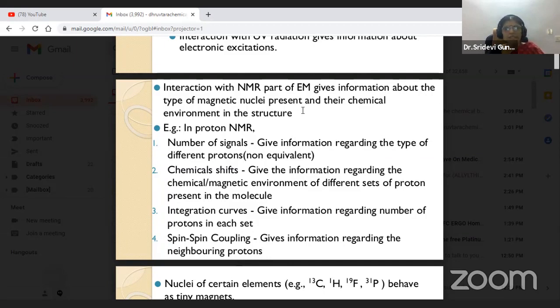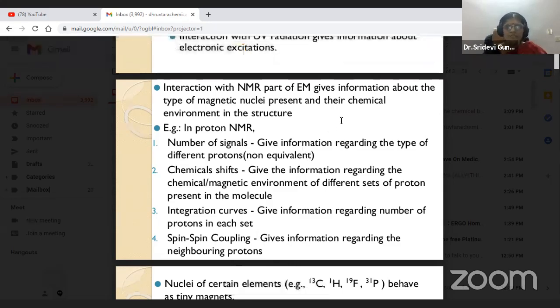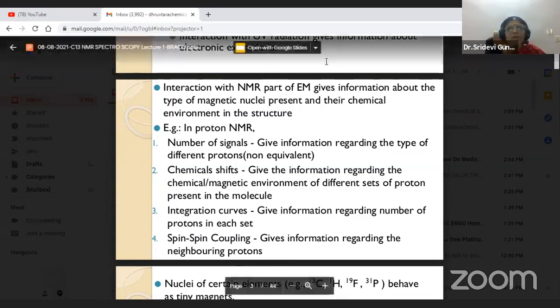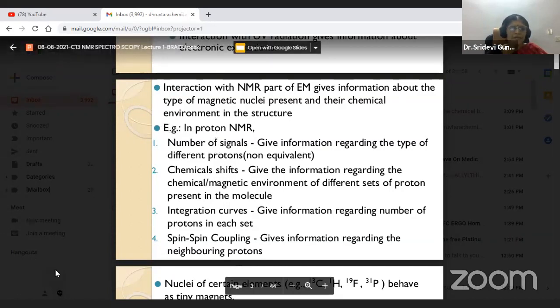From proton NMR, what is that you know? From the number of signals, you get information regarding the types of different protons present in the molecule. And from the chemical shifts, you get the information regarding the chemical and magnetic environment of the molecule.